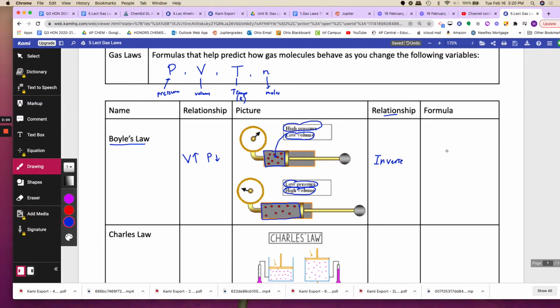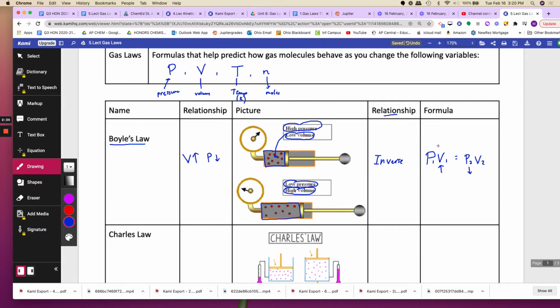And the formula goes like this. P1V1 is equal to P2V2. Okay, so what does this mean? One means in the beginning and two means in the end. Like you see here, you doubled the volume. If you double this number, you're going to have to cut the pressure in half to account for what you've done.